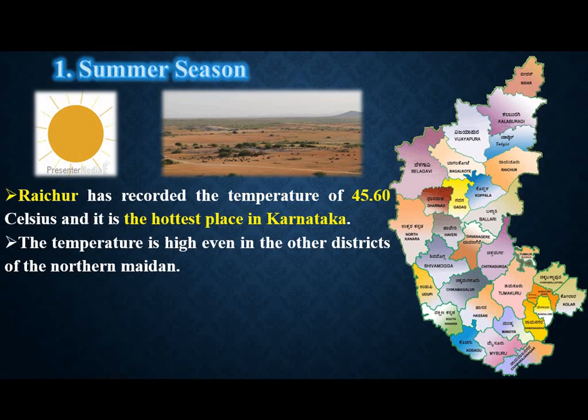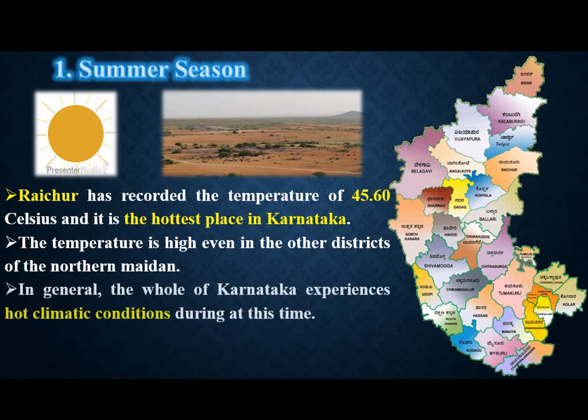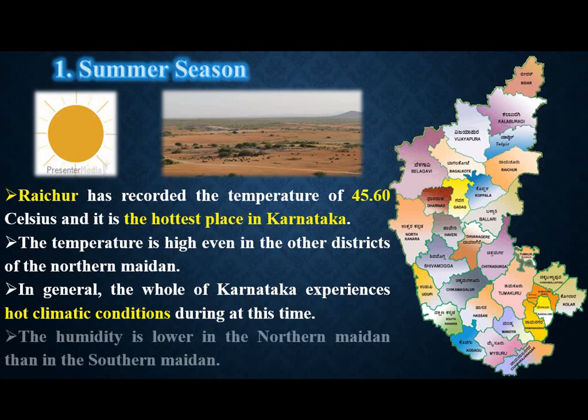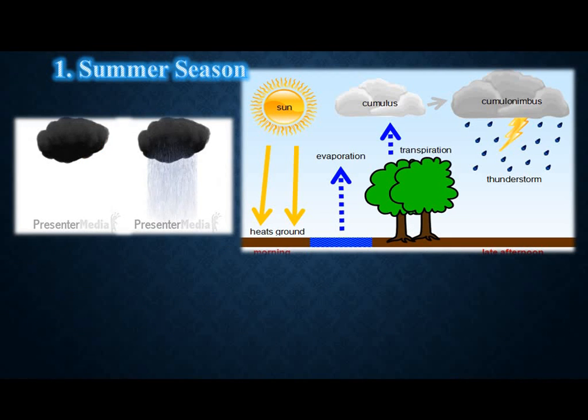The temperature is very high even in the other districts of northern Maidan, and in general the whole of Karnataka experiences hot climatic conditions during this season. Obviously the humidity will be very low in the northern Maidan than in the southern Maidan.